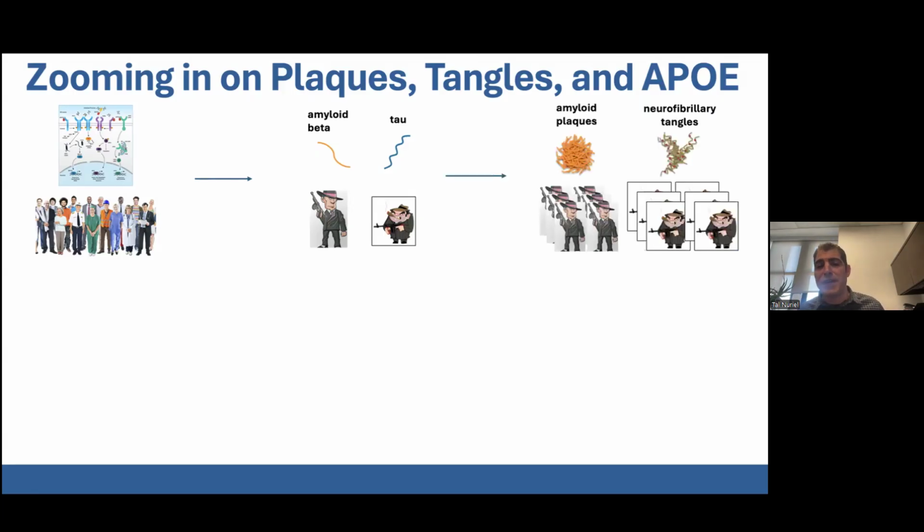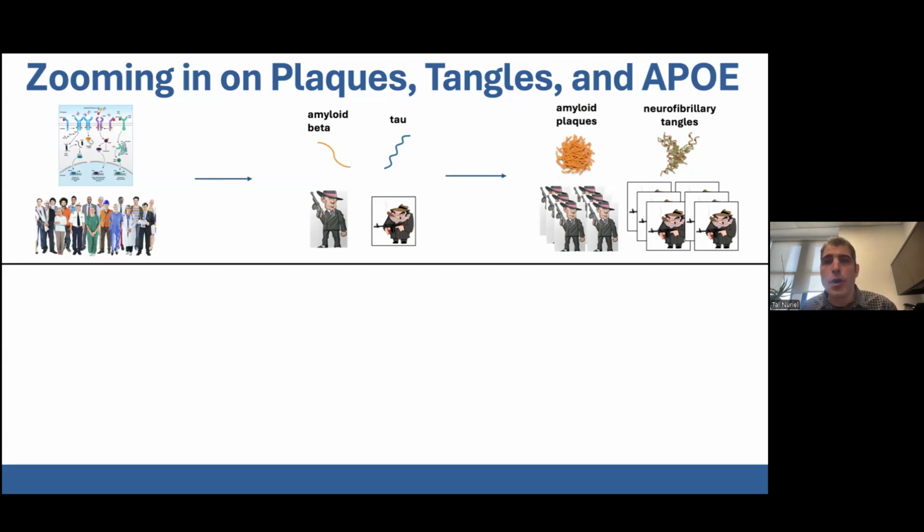In the same way that one of these 1920s gangsters maybe isn't that big of a deal, but if they start acting together, they form a gang, they can wreak more havoc. Same thing, you have these amyloid beta peptides that are very sticky and they stick together and form these plaques. You have these neurofibrillary tau proteins that stick together to form these tangles.